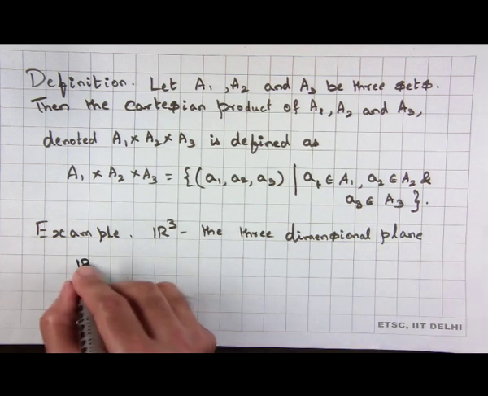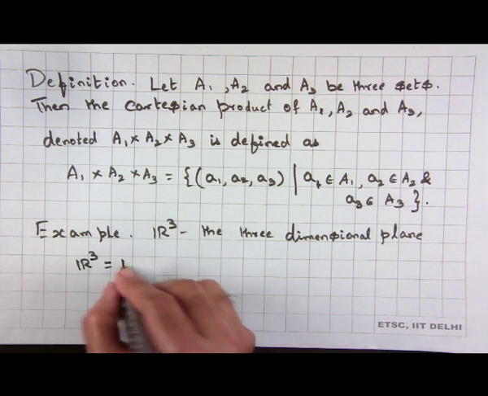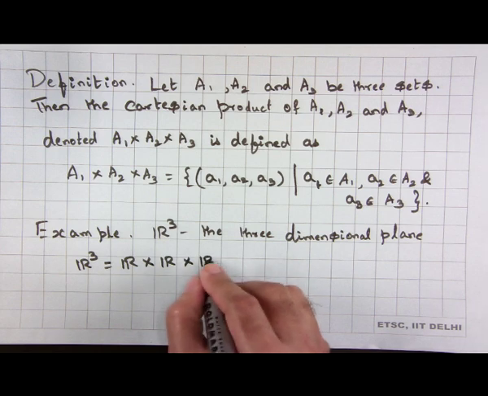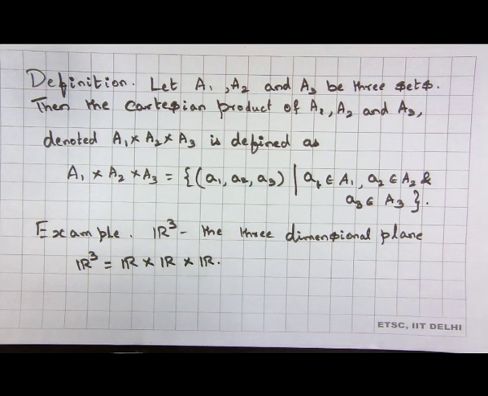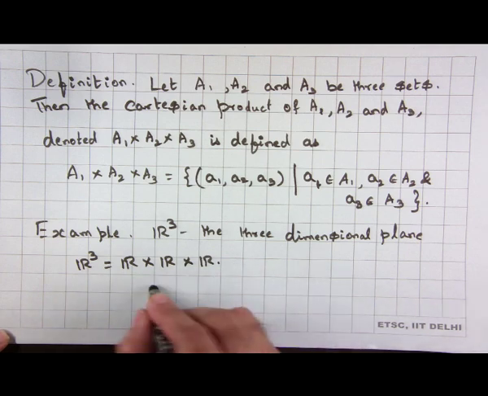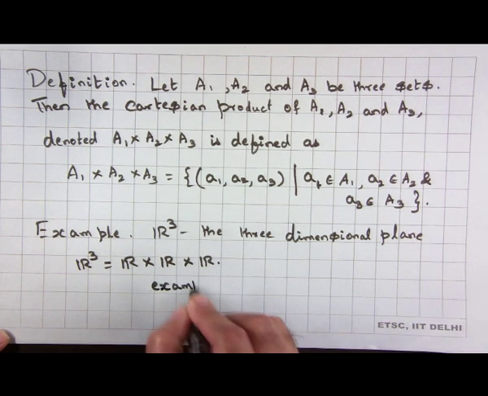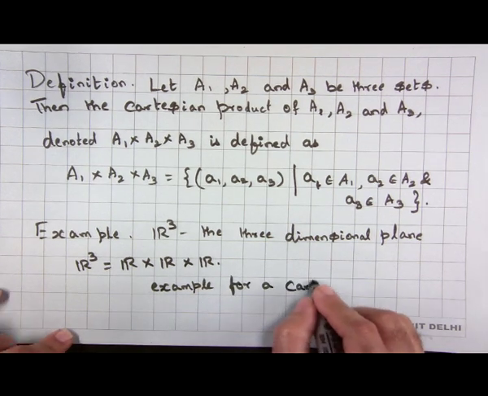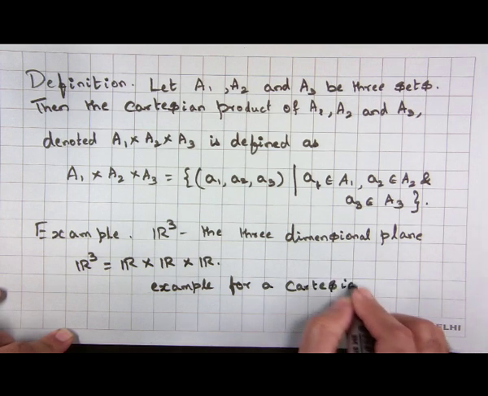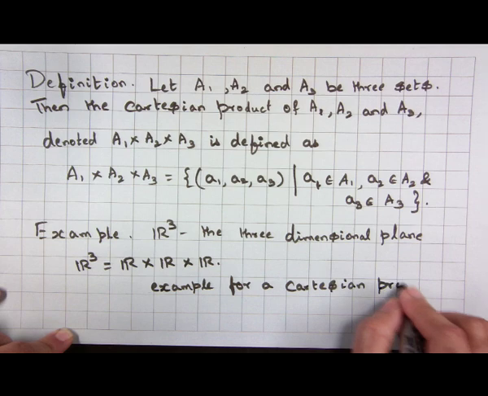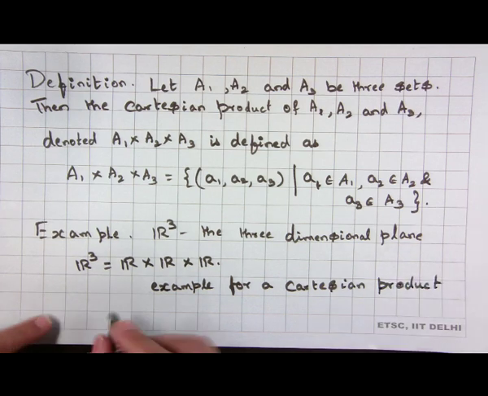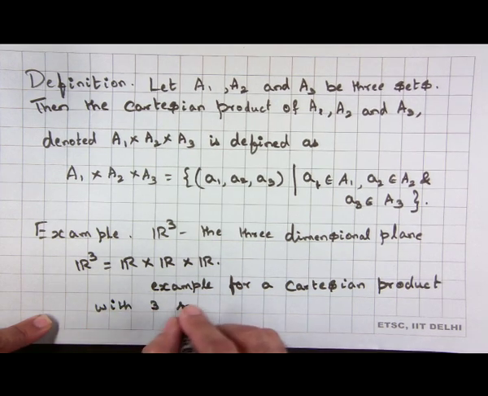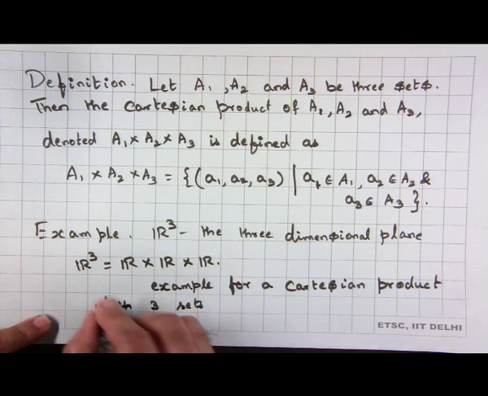So, R3 is exactly the same as R cross R cross R. So, this is an example for a Cartesian product of 3 sets.